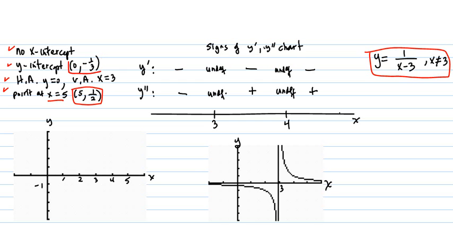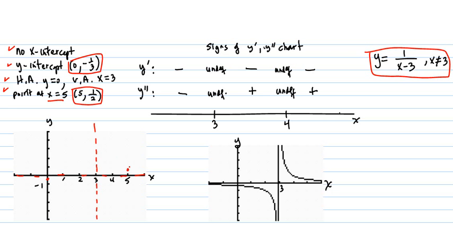And then we have our y-intercept. So we start writing down what we have. Y-intercept at 0, negative 1/3. That's right here. We have a horizontal asymptote at y equals 0 along here. Vertical asymptote at x equals 3. We have a point over here at 5, 1/2, somewhere in there.